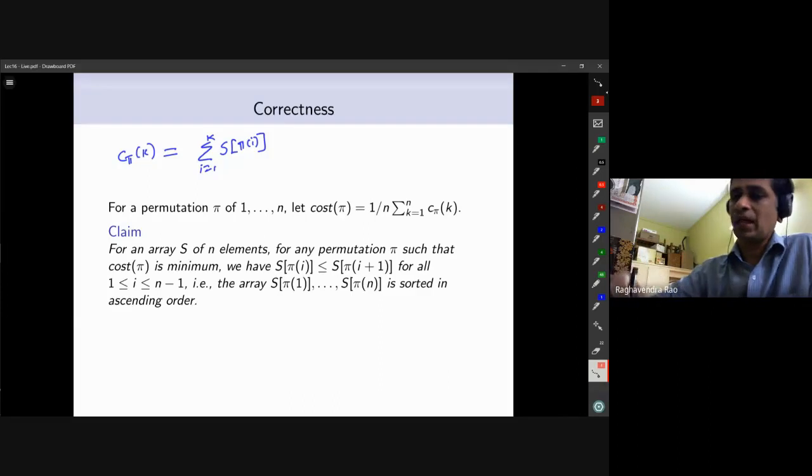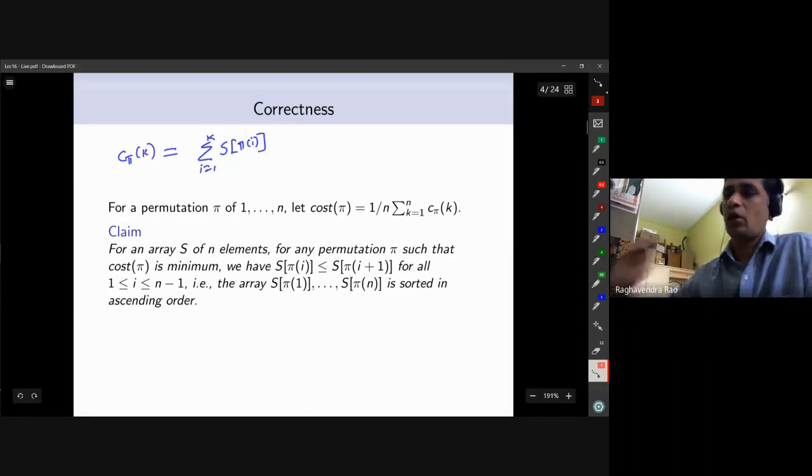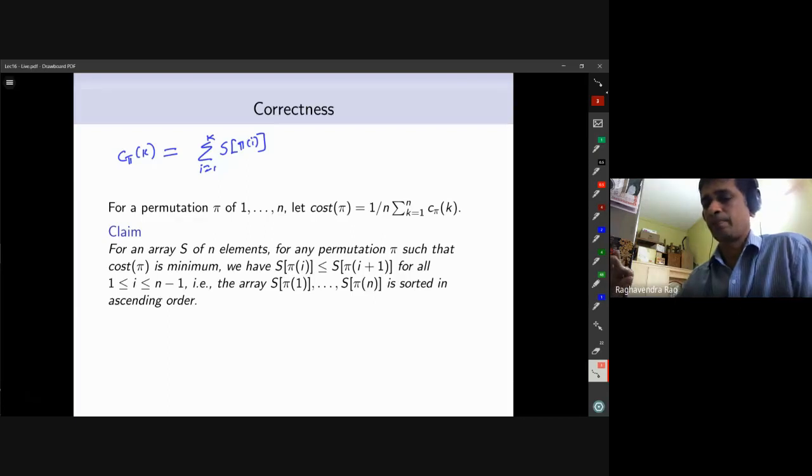That is, the array s pi 1, s pi 2, etc., s pi n is sorted in ascending order. So that was the claim that we were proving yesterday. Any questions on that part?